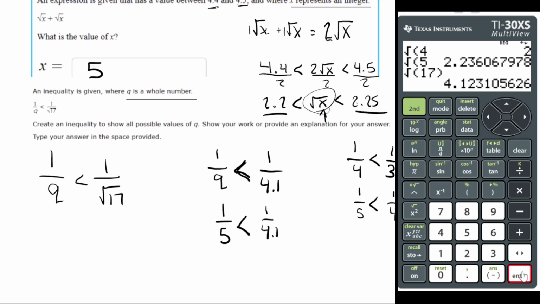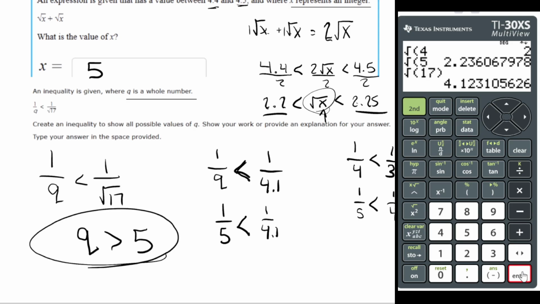So your answer is q is greater than or equal to 5. Any number greater than or equal to 5. Or you could also put q is greater than 4.